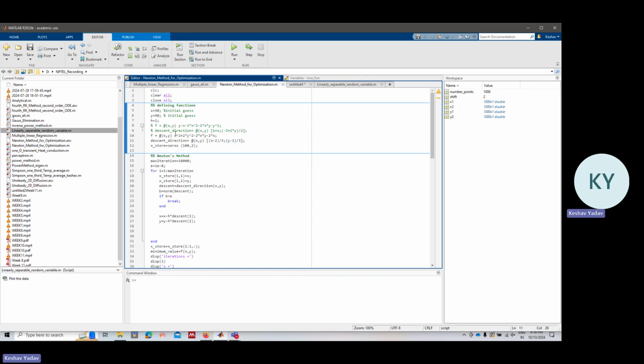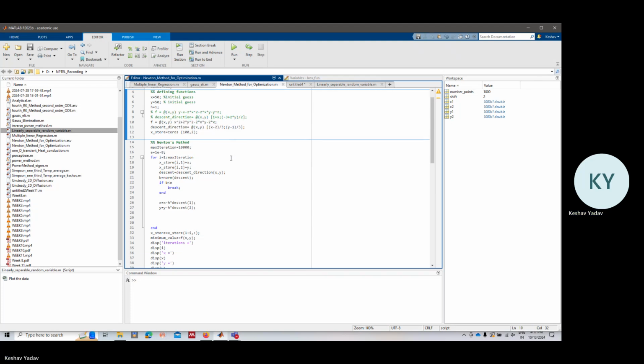So we have some function x square plus 2y square minus 2xy minus 2x that leads to descent direction x minus 2 by 3, y minus 1 by 3. So we want to minimize this function.